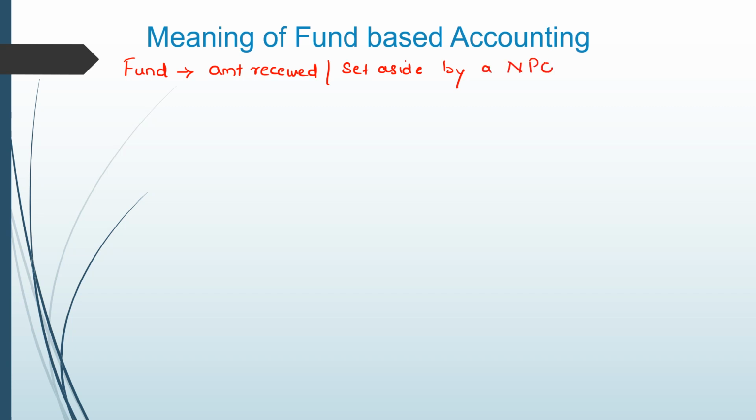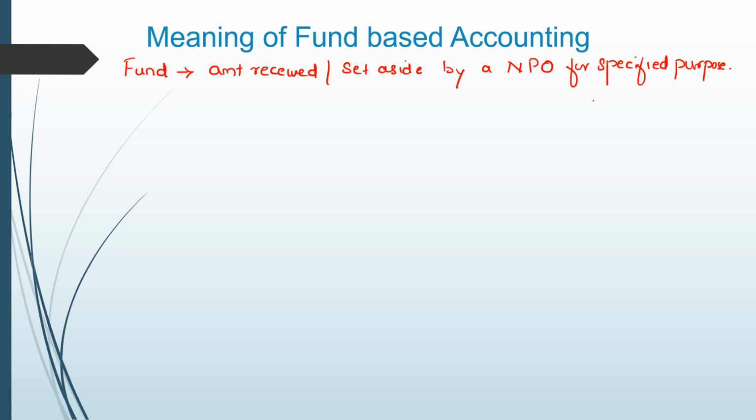So this not-for-profit organization receives funds in the form of donations, or it might keep aside certain amounts separately from the amounts received for a specified purpose. So a fund is nothing but an amount which is received or set aside by a not-for-profit organization for a specified purpose.